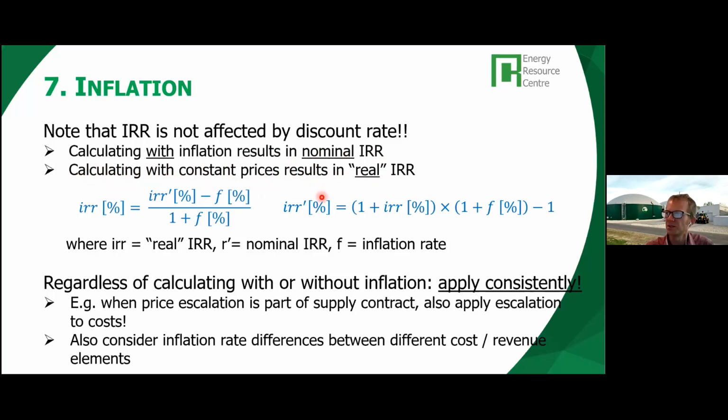And the two can also be calculated and recalculated on the basis of the inflation rate. So this is a choice. The only thing that is very important is that you apply this consistently.